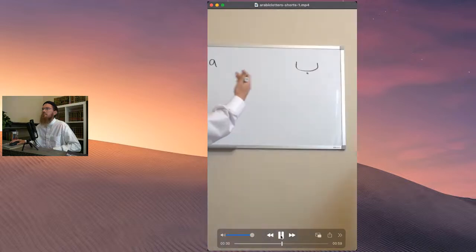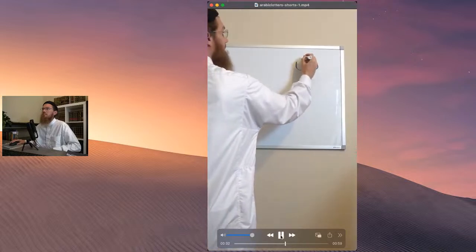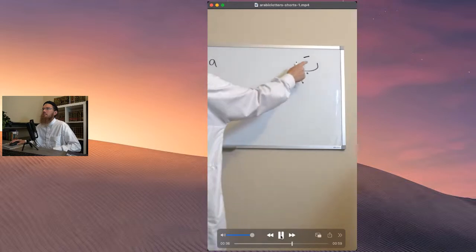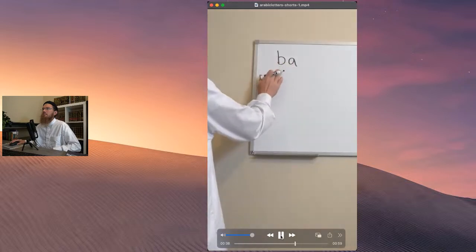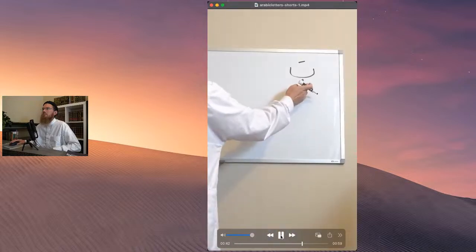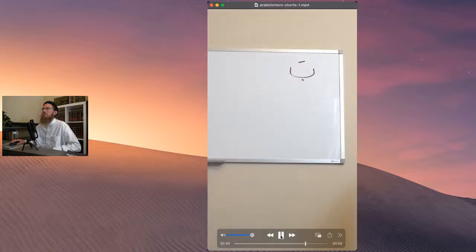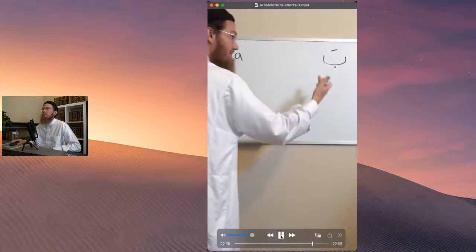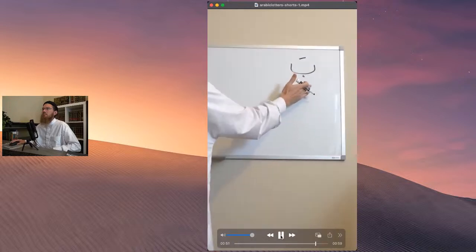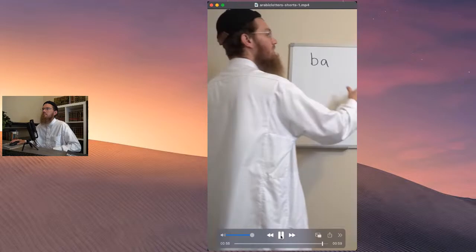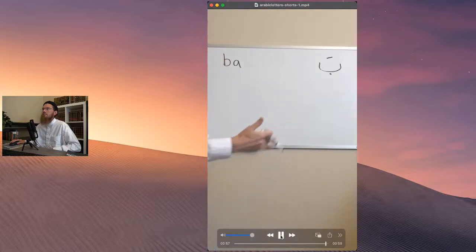Now in Arabic, there's a symbol that we write above letters that also represents the same sort of sound. This is called a fatha. So when we have a B and an A, it sounds like ba. Very good. So just like you can read this with a little bit of memorization and practice, you can also read this in Arabic. That's all that learning how to read Arabic entails. You just memorize which symbols represent which sounds and you practice.